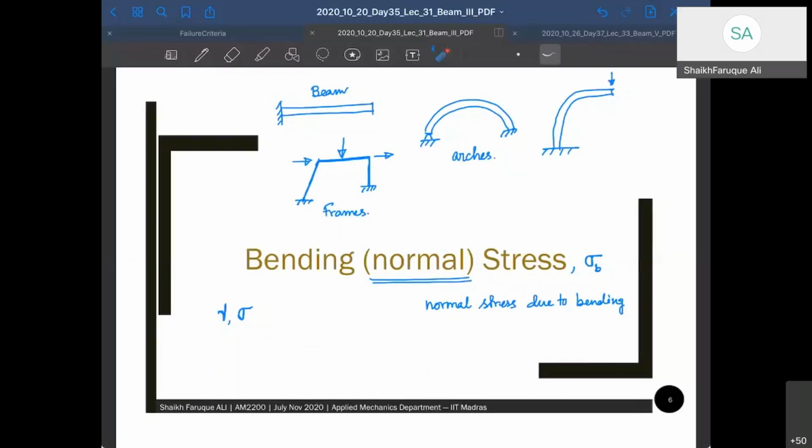This is a general structural solution for many structures, for frames, where you will have both axial and transverse deformations. So these are called frames. The degrees of freedom in a beam are vertical deformation and rotation.